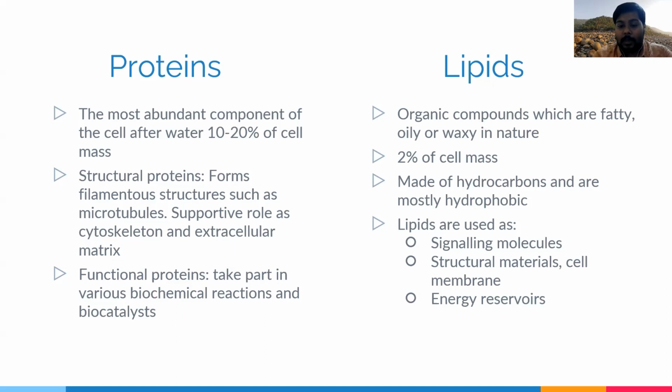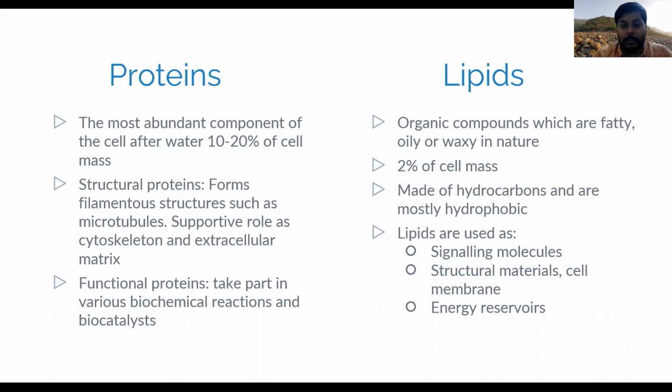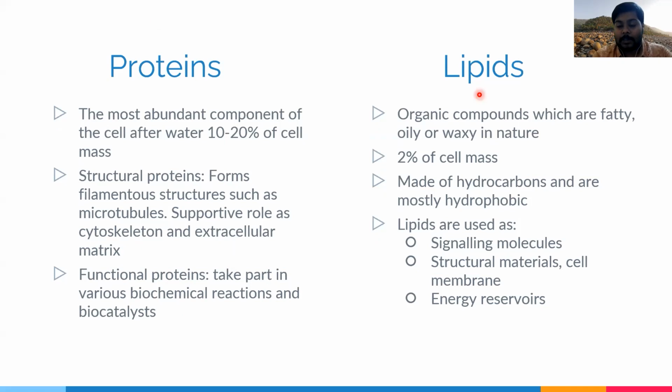Next, we move on to lipids. Lipids are several substances that are grouped together because they are soluble in fat. Lipids are essentially organic compounds which are fatty, oily, or waxy in nature and consist of 2% of the cell mass. The most important lipids include phospholipids and cholesterol, which form the cell membrane of the cell.